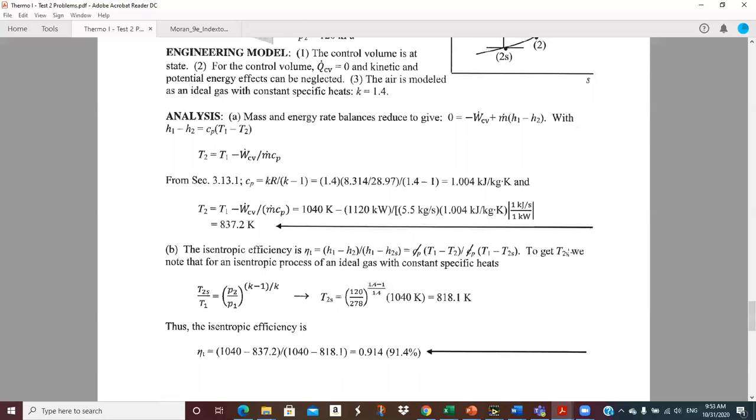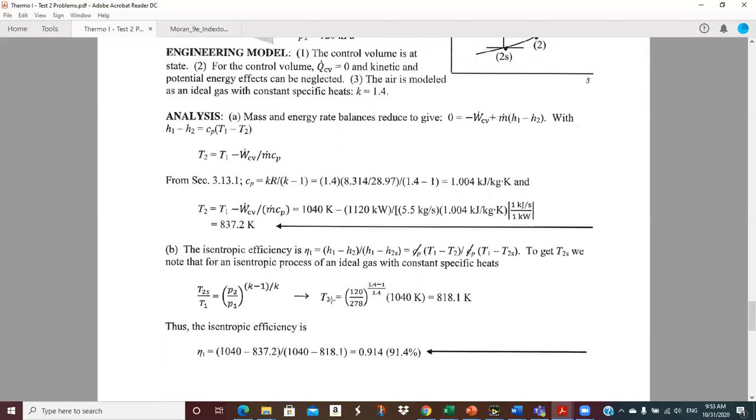And then to get T2S, we recall for an isentropic process, an ideal gas with constant specific heats, T2S over T1 is the quantity T2 over T1 raised to the K minus 1 over K power.